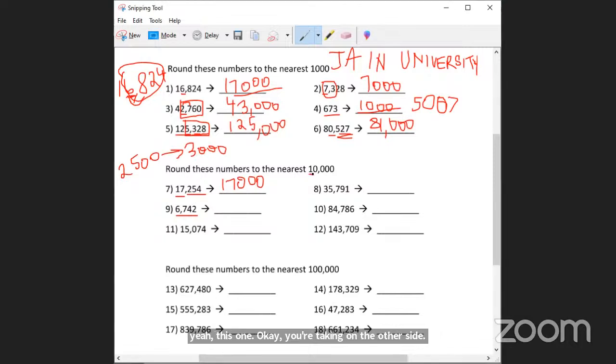Okay, so nearest 10,000. Why I'm not gonna go with 17,000, because it is round up with the nearest 10,000. So hence the nearest number for 17 in 10,000 will be 20,000. So that's why we are not going with 17,000. Are you clear with that?